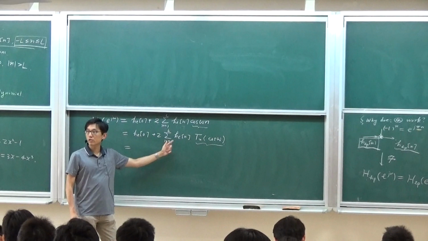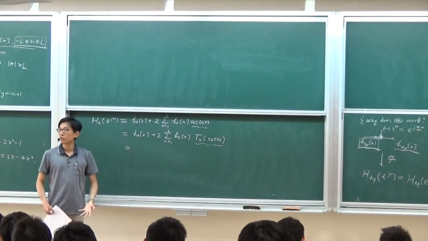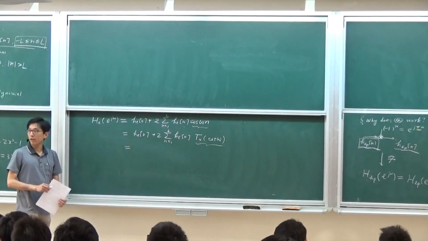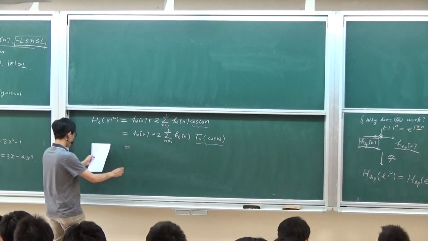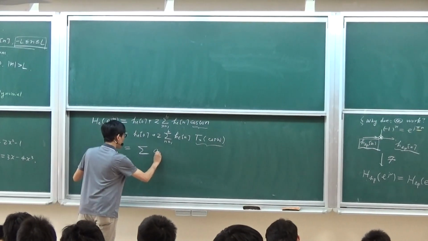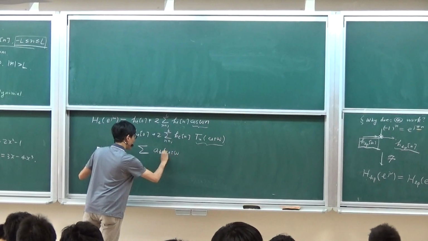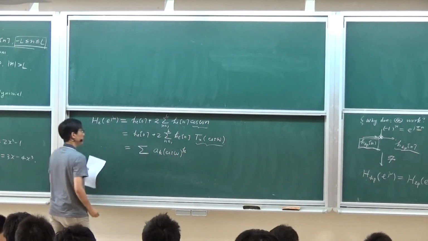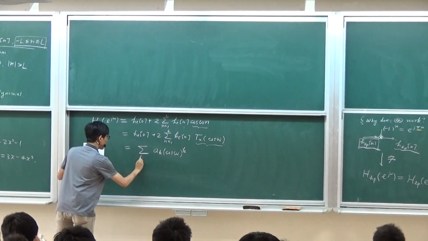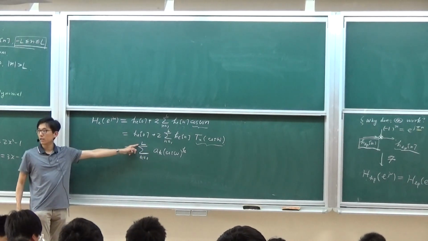The finite sum is also going to be a polynomial. Can we agree on that? So I'm going to roughly say the result is a polynomial in terms of a_k cosine omega to the k power, where k runs from 0 all the way to L, L being the highest order. Okay?